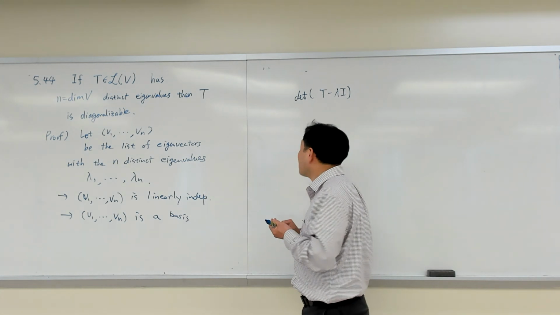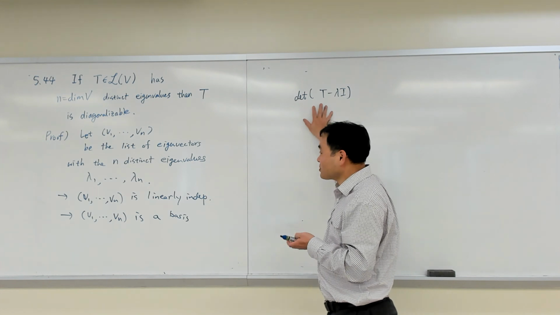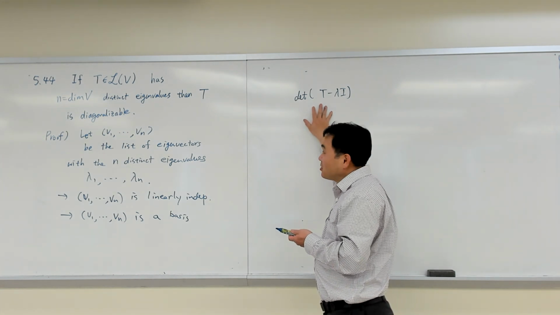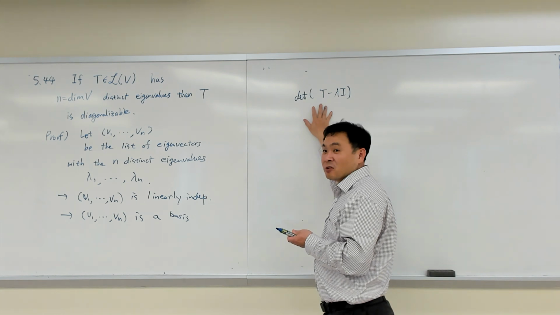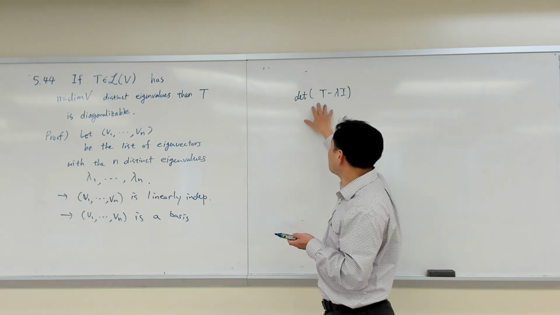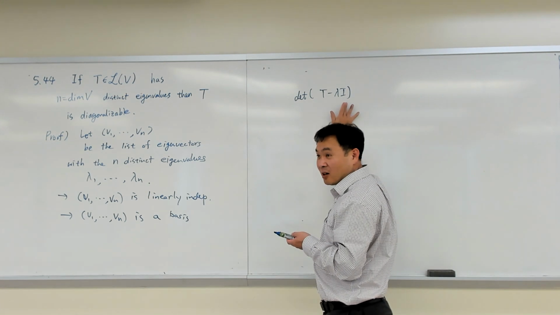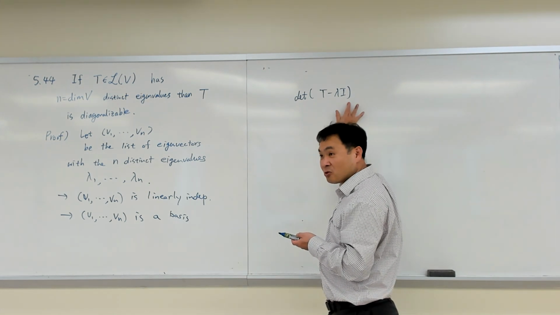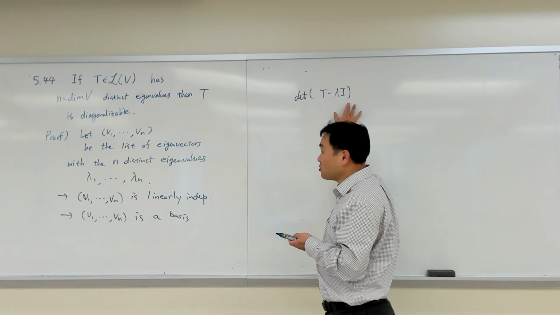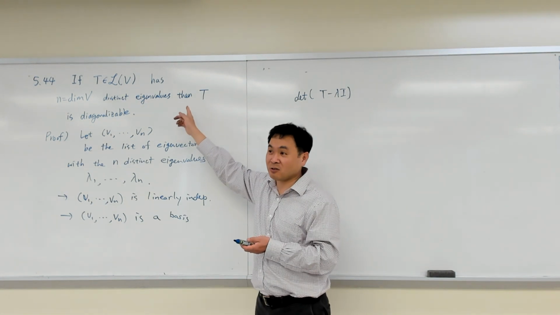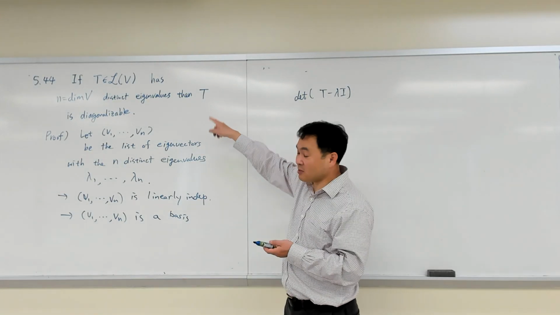So what I'm trying to say is that most matrices are diagonalizable, because most matrices will have n distinct solutions of this. And if you have n distinct solutions of this, each of these values will be eigenvalues, and then it will satisfy this condition. Okay, so that's what this is implying.